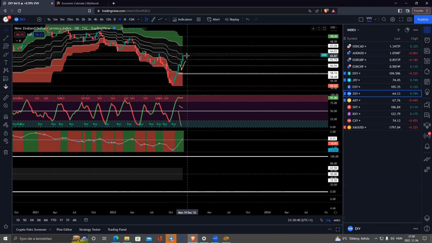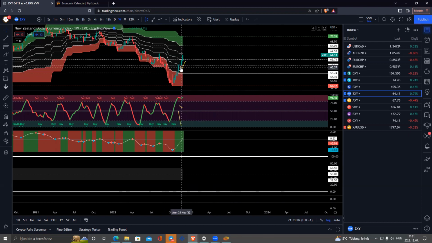Oh, the 61 is right now here, and there is an overbought price. So this also needs a correction because it was a long bull run actually from past weeks.